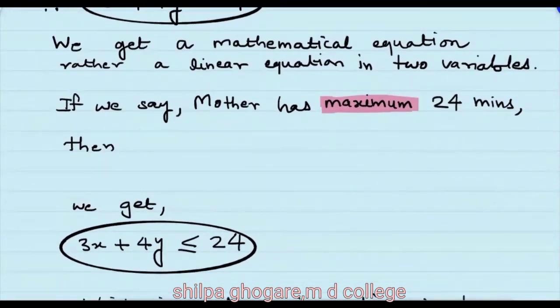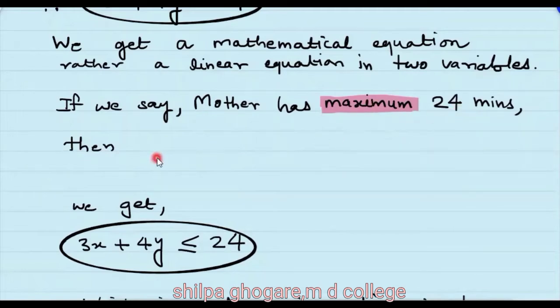Now, it is actually a linear equation in two variables. Suppose I say that mother has maximum 24 minutes. Instead of saying she's working for 24 minutes, I say that maximum 24 minutes.